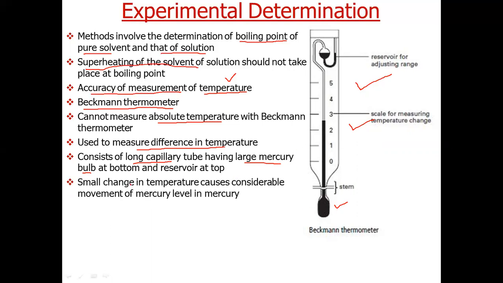This is used to measure small changes in temperature with the help of the movement of the mercury level in this thermometer. With this thermometer, we can measure temperature with an accuracy of 0.01 degree Celsius.